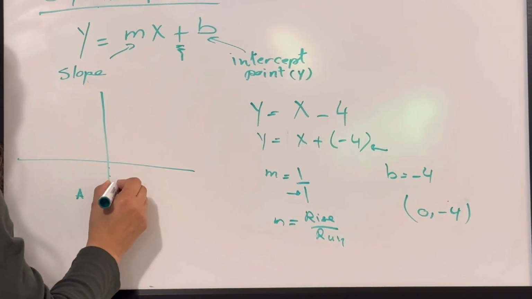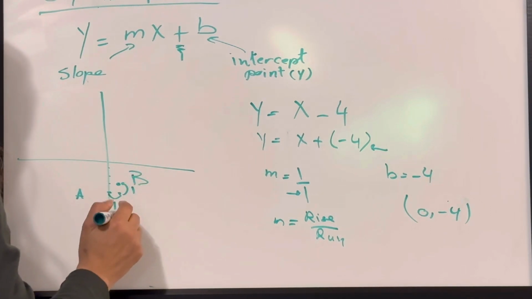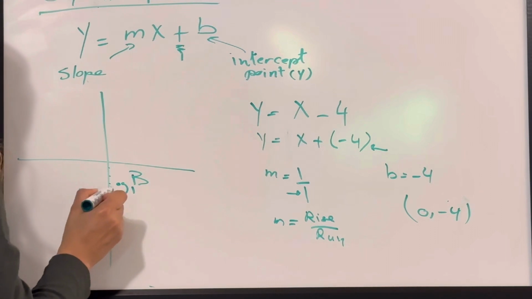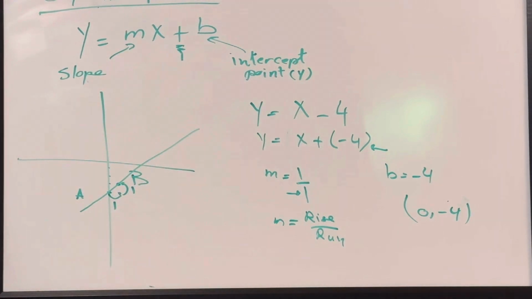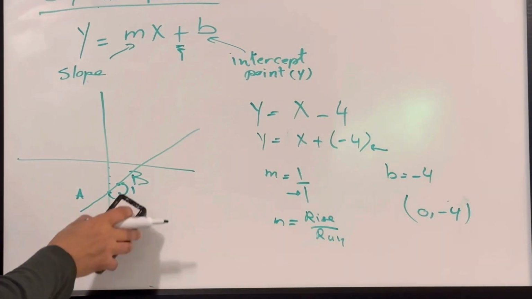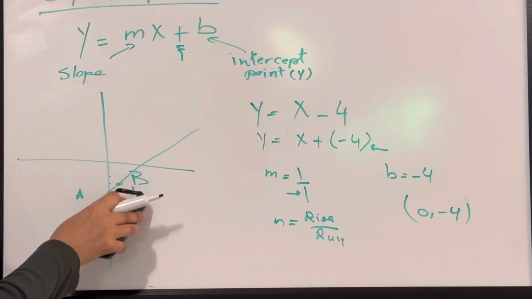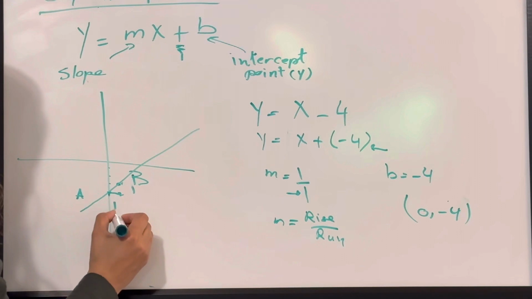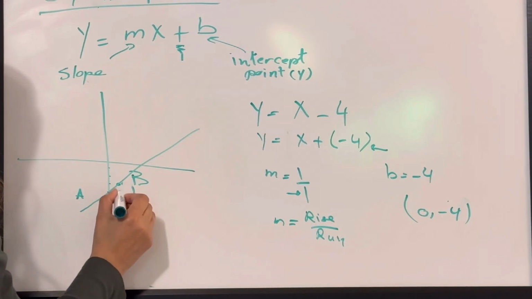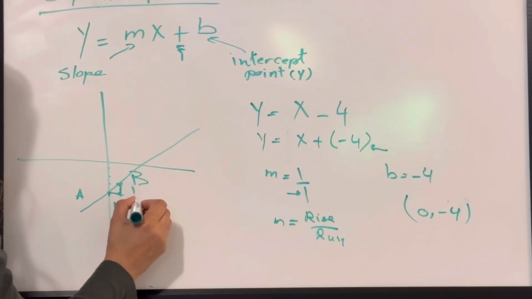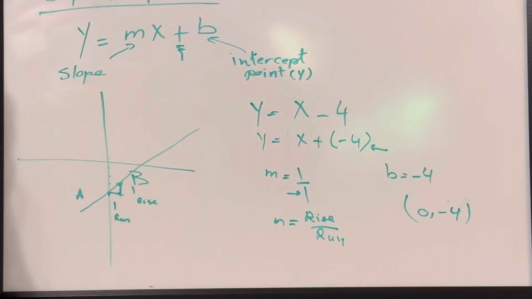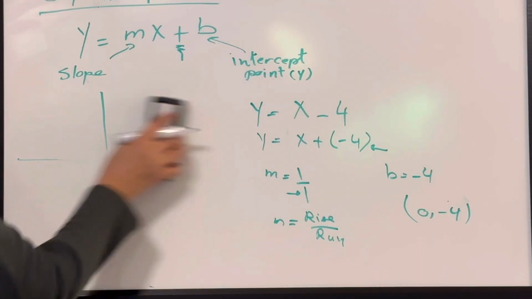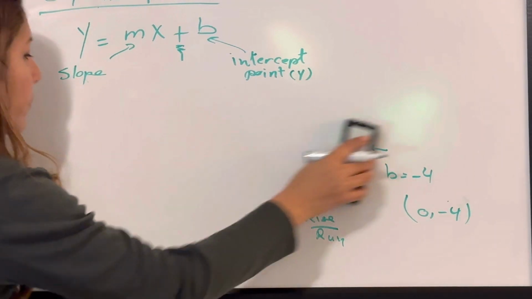So this will be the second point. And now by connecting these 2 points, I can draw the line with the slope of 1 and 1. So here is the run, and here is the rise. Now we can take another one.